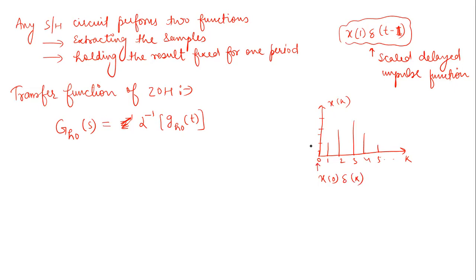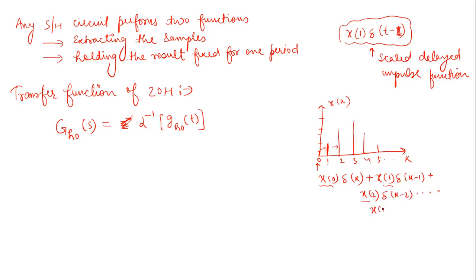As we know, the impulse sequence exists at k equal to 0, and it is 0 elsewhere, right? So let us add this one. Now this sample is x1, and because this sample is delayed by 1, we will write delta(k minus 1). Then we have x2, where x0, x1, x2 are the amplitudes of the given samples, and this sample is delayed by 2, so we have delta(k minus 2) and so on.